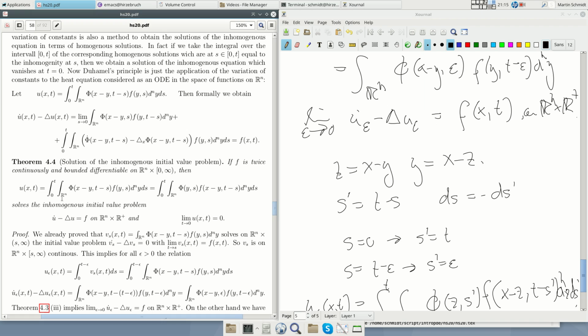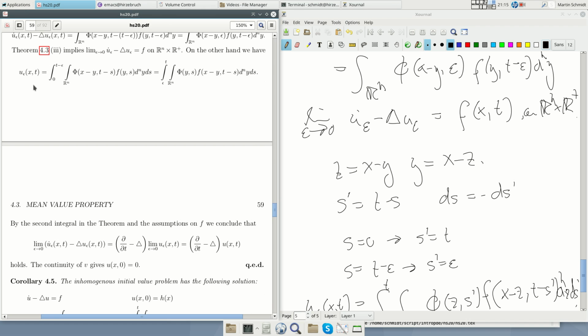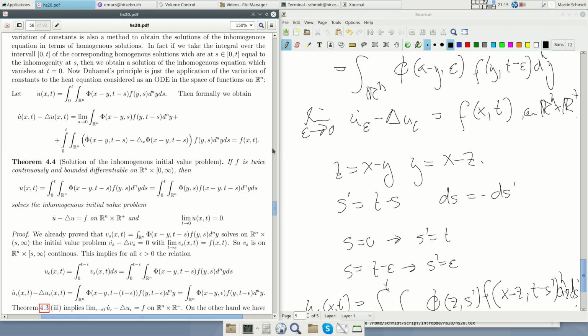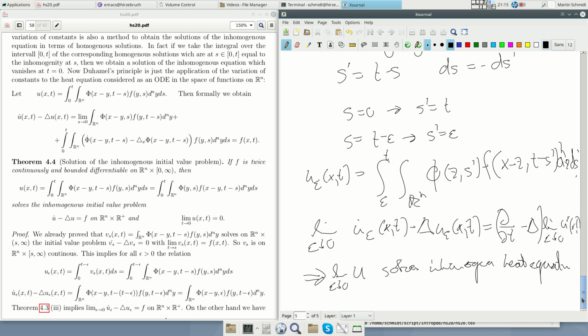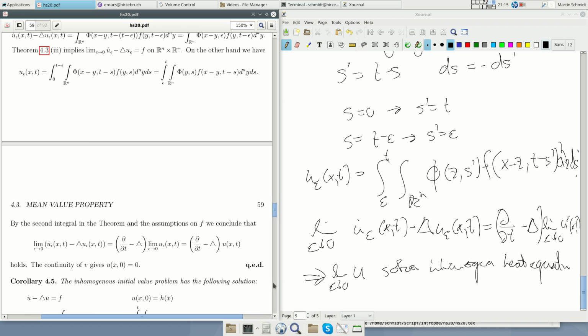Now clearly, if you look at this formula here, then you see in the limit when t goes to 0, this is 0. So this is also clear, that u of x,0 is 0, since when we have an integral over a 0 interval, it's 0.